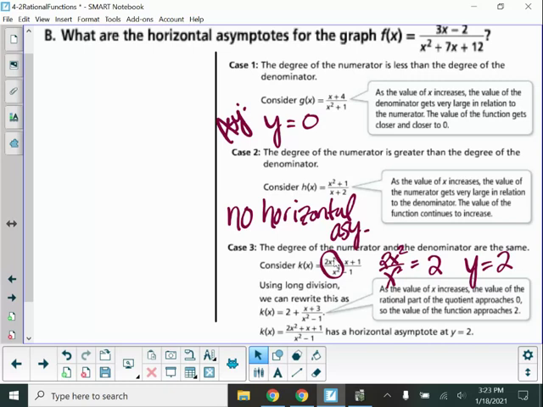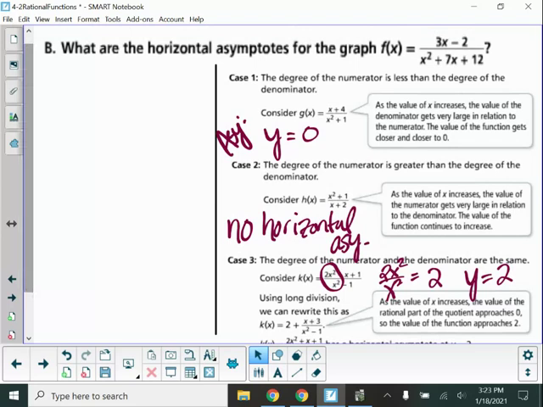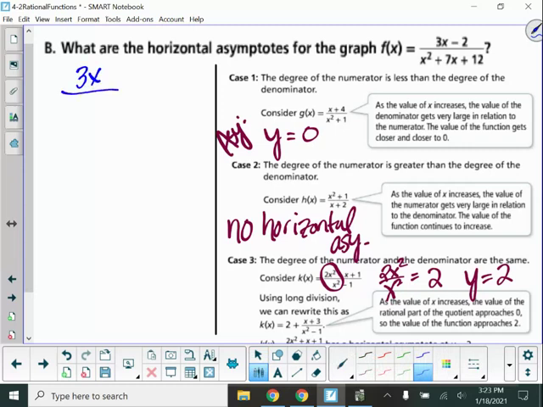So in what's given here, let's try this again. We have 3x on the top. I have an x squared on the bottom.